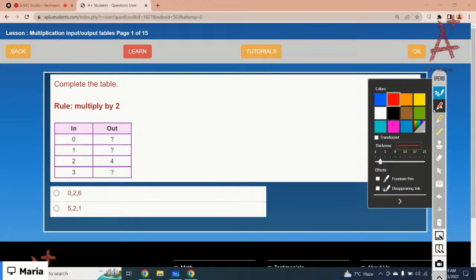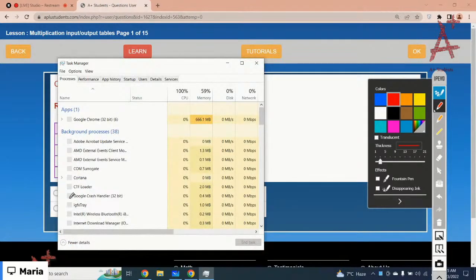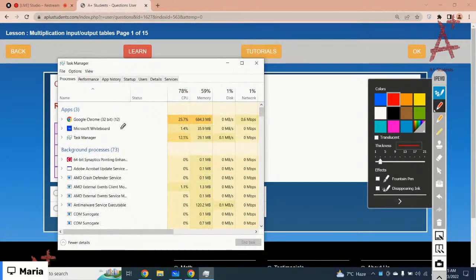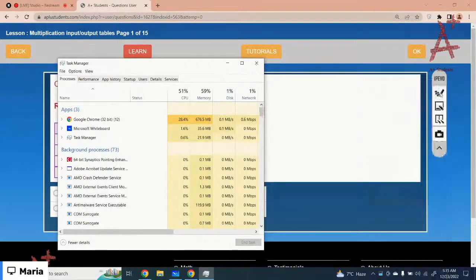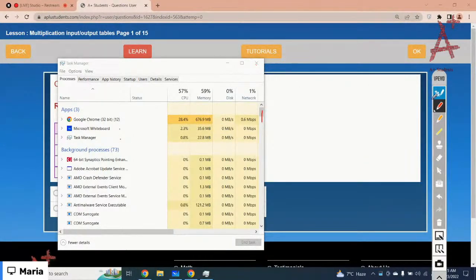Wait, let me end the annotator. What is this?